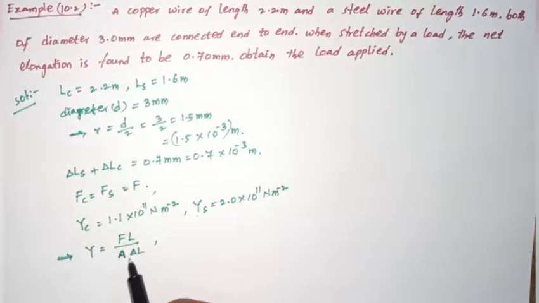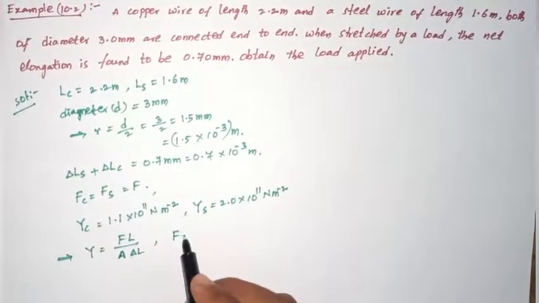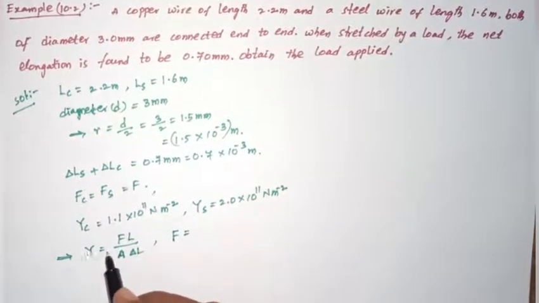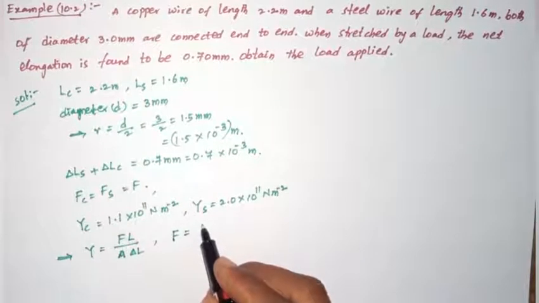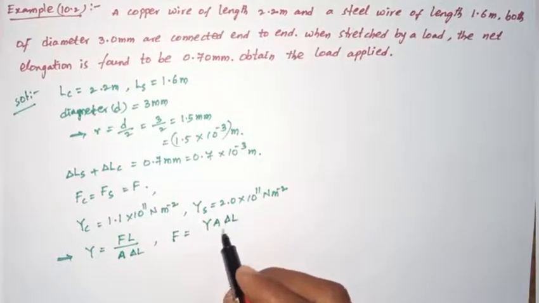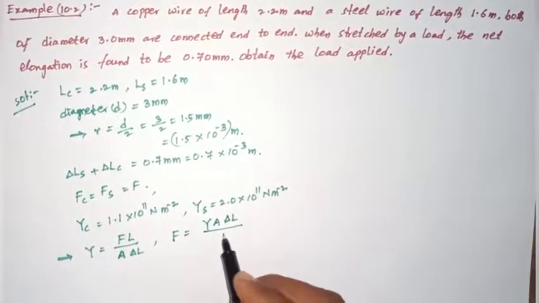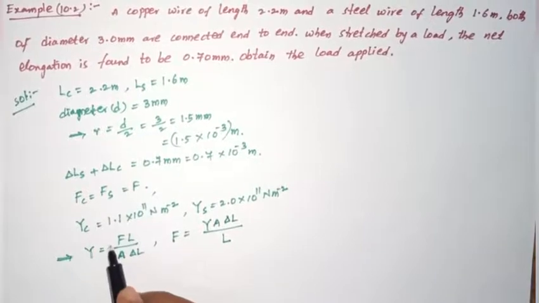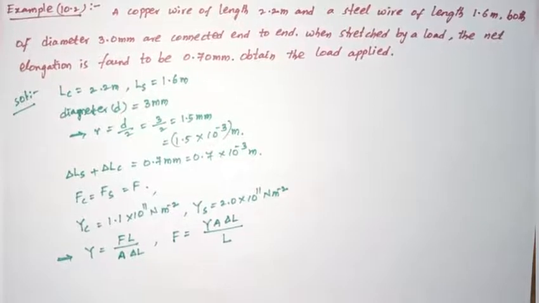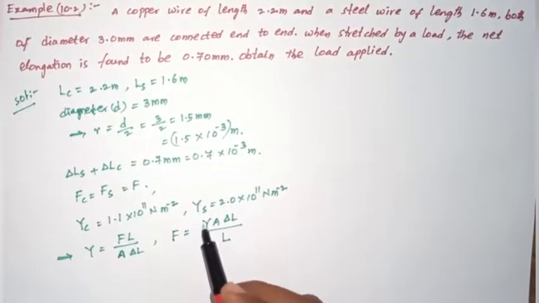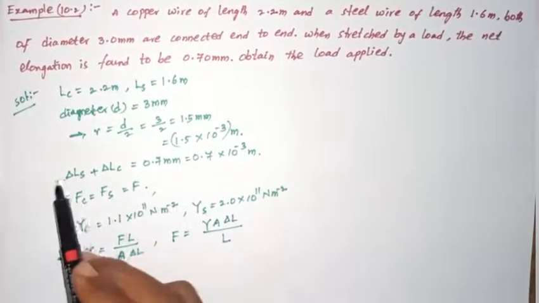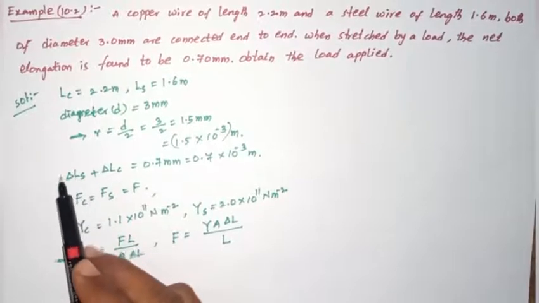Okay, so from here, force F equals Y A delta L divided by L. So F equals Y into A into delta L by L. Here we know Y and A, but we don't know the individual elongation.